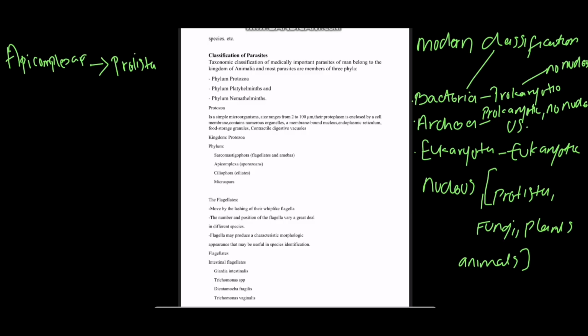Are we together? And the Coeliophora also now belongs to the kingdom Protista in modern classification. The former subphyla of Protozoa, the Apicomplexia and the Coeliophora, now belong to the kingdom Protista.